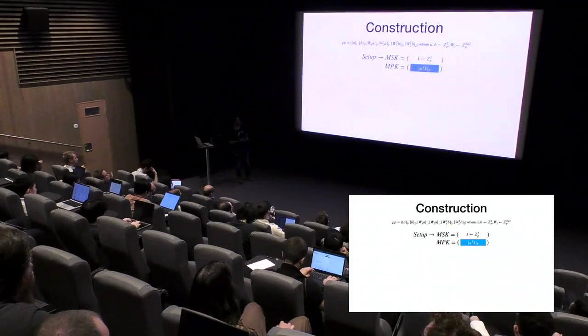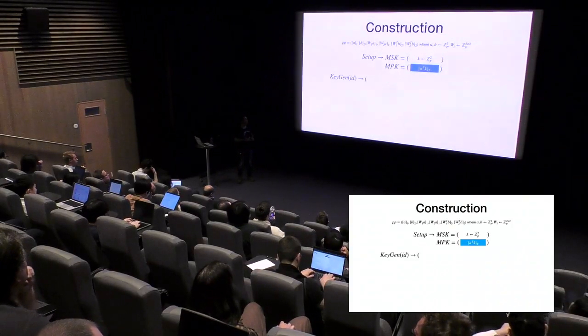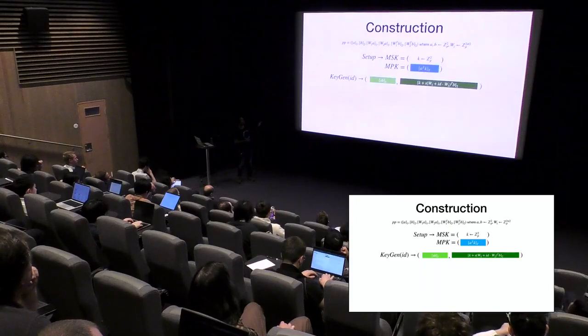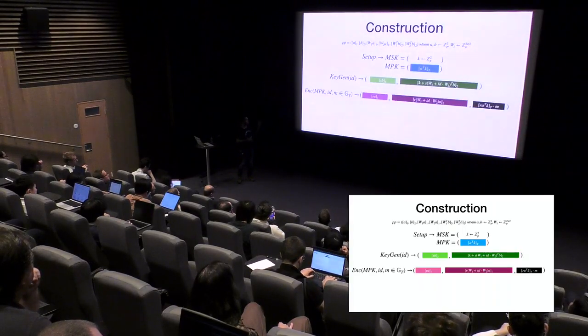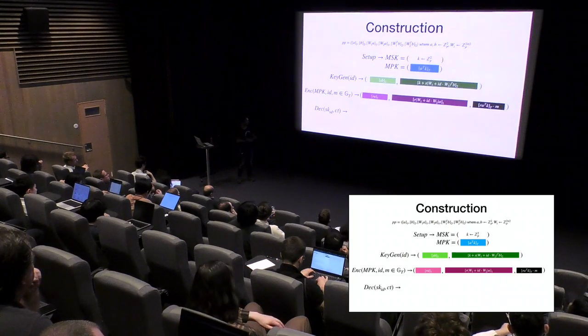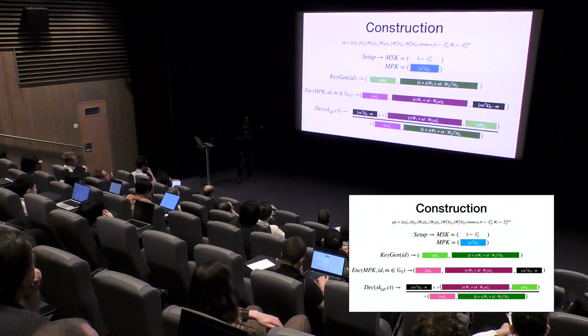And the master public key is just a dot product of that vector with K in the target group. The key generation algorithm just uses the vectors related to B in the public parameters and also K. And for encryption, they use the vector from A and then encrypt. I don't expect anyone to understand anything here, but for people who know the construction, it's very similar to the construction from bilinear pairings.